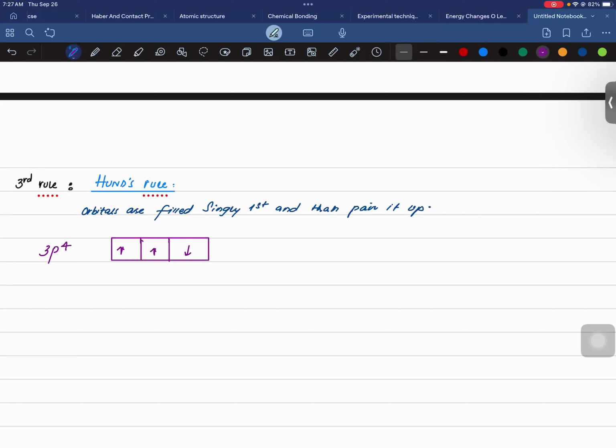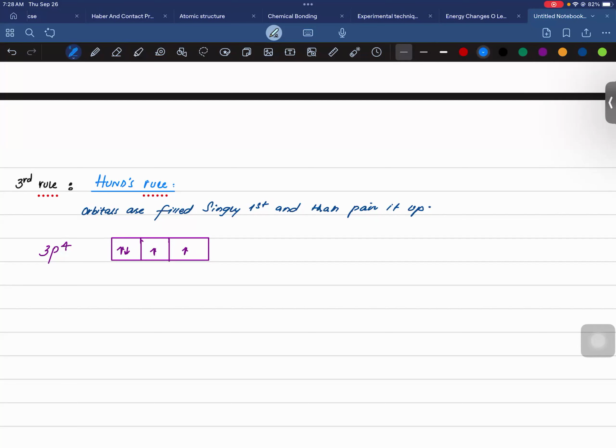Am I right? Is there any mistake in this? Upward. When you are going to fill it singly, you are supposed to put electrons in an upward manner. And then I have 4, so I would then double it.